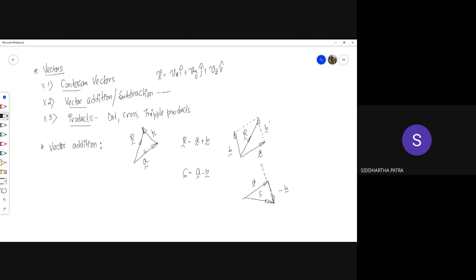So we are only allowed to know this. And by knowing only this much, let's see, can we solve some problems? So let's start there.